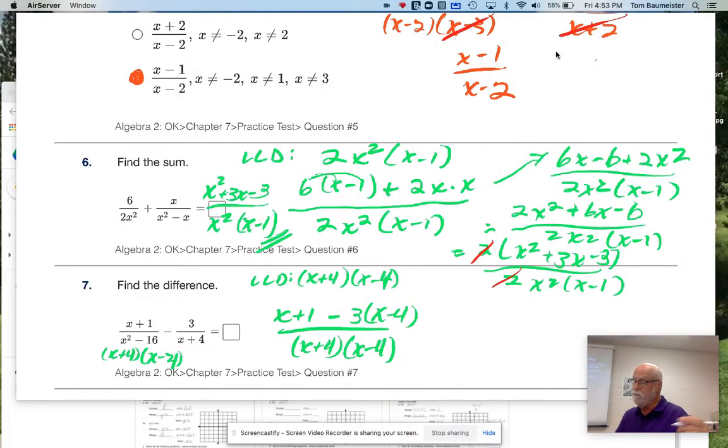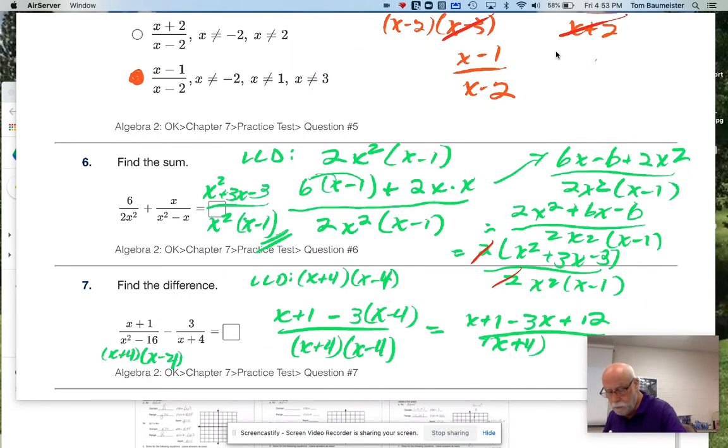All right, if I simplify that, I'll have x plus 1 minus 3x plus 12, all of that over x plus 4, x minus 4. Now again, I distribute that negative 3 through the parentheses. That's why I got negative 3x.